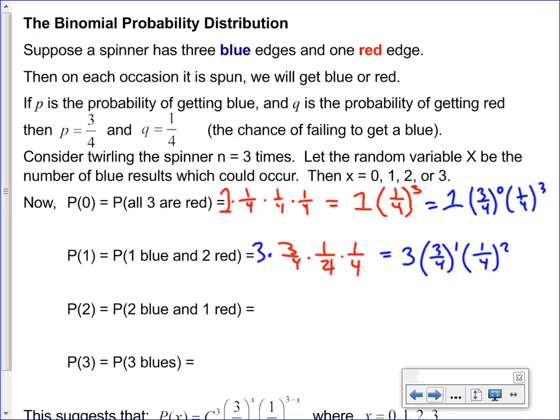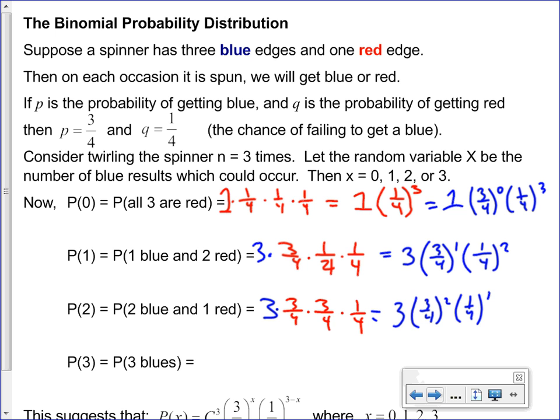So 2 blues and 1 red. So you can have a 3/4, a 3/4, and a 1/4. And how many different ways can that happen? 3 different ways, right? So would you agree that that's 3 times 3/4 to the 2nd, 1/4 to the 1st?